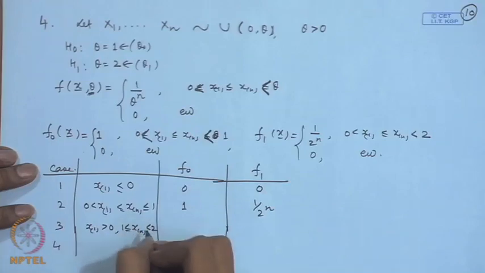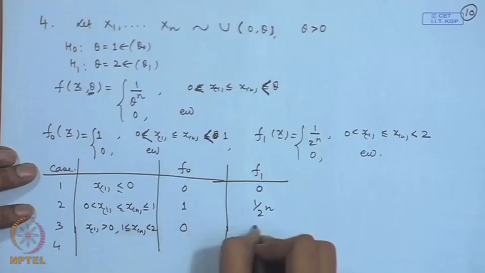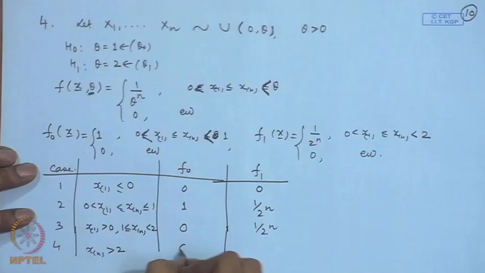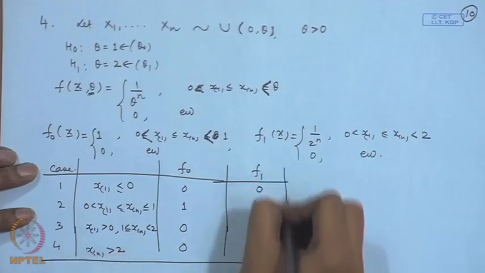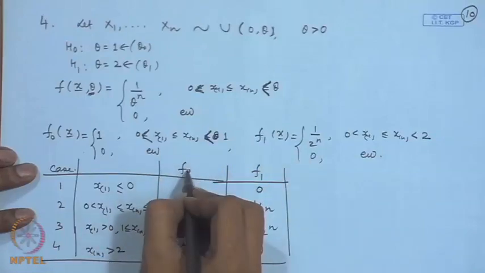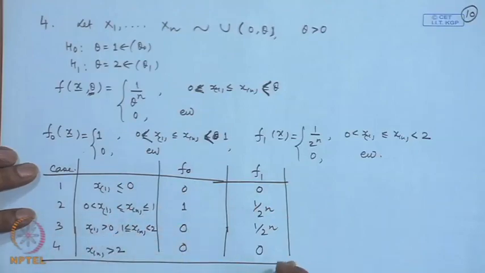In that case, the first density becomes 0, however, the second density remains 1 by 2 to the power n. And then we may have the extreme case, that is x n is greater than 2, then this is 0 and this is 0. So, broadly speaking, we have to consider f 1 greater than k f naught from the Neyman-Pearson lemma under these 4 cases.